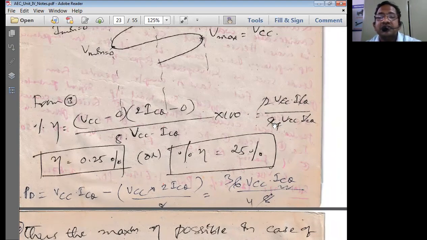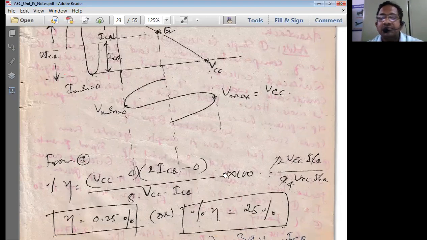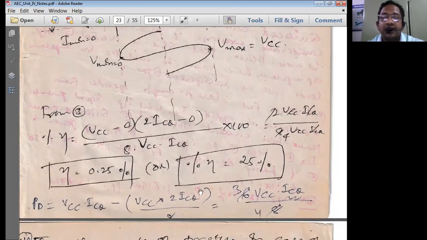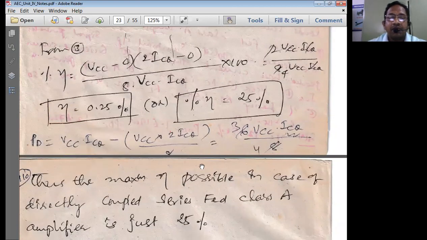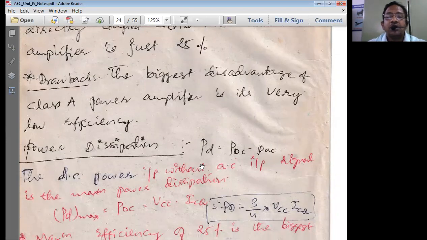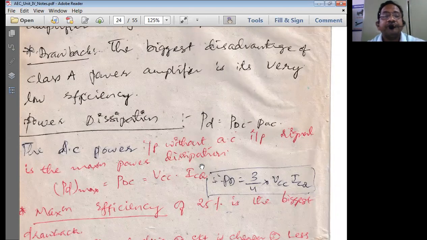So VCC, VCC, ICQ, ICQ in the numerator and denominator get cancelled, and we simply get 1 by 4 into 100, which is equal to 25% maximum. That means this is the maximum efficiency that we can achieve for a class A power amplifier without transformer coupling. Without transformer coupling, we call it a series fed class A power amplifier.